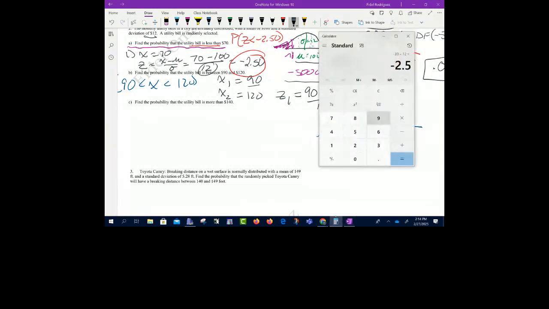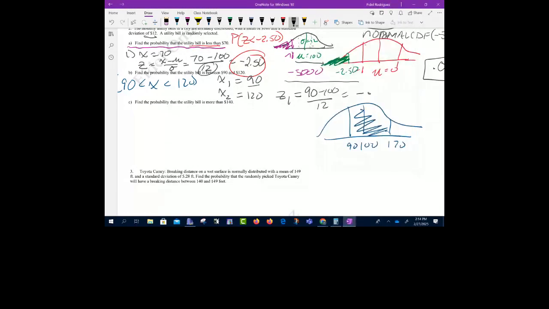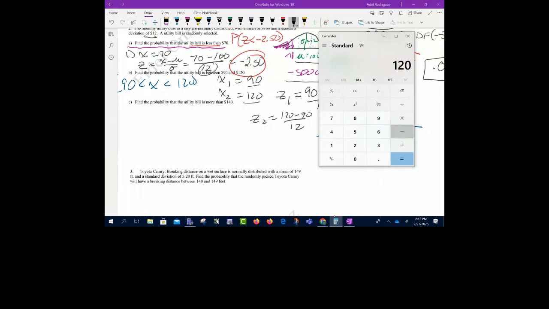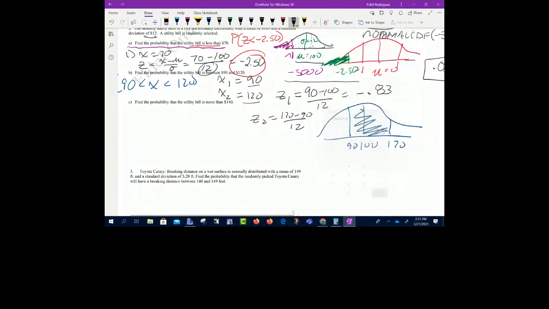So let me get my calculator. Here we go. 90 minus 100, boom, divided by 12, negative 0.83. Okay. Negative 0.83. Let's find our second z-score. Y'all, we're now going to take 120 minus 100 and divide it by 12. So 120 minus 100, and let's divide this guy by 12, 1.67. Okay.